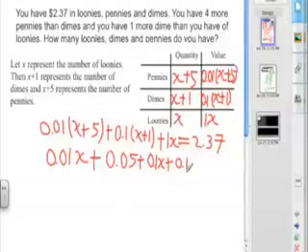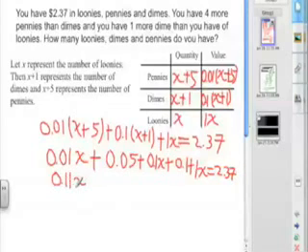You leave the 1x on its own, and you do what you did before in the first line, equals 2.37. Next, you add up the like terms. So, for example, we have 1.11x plus 0.15 equals 2.37.